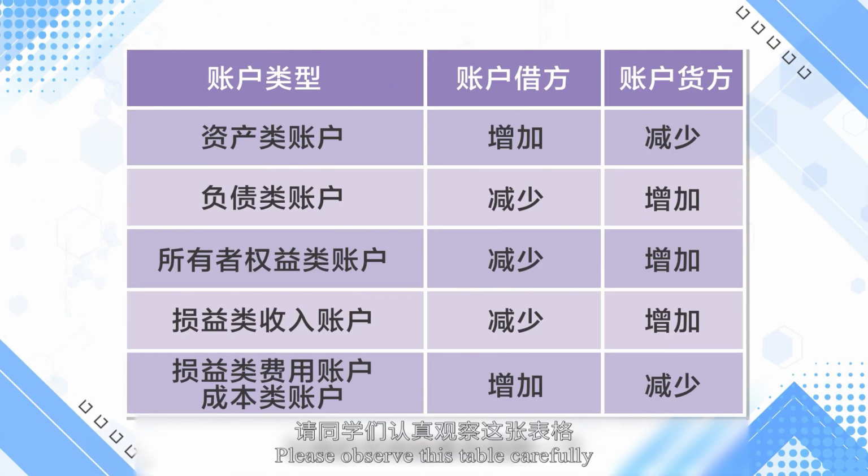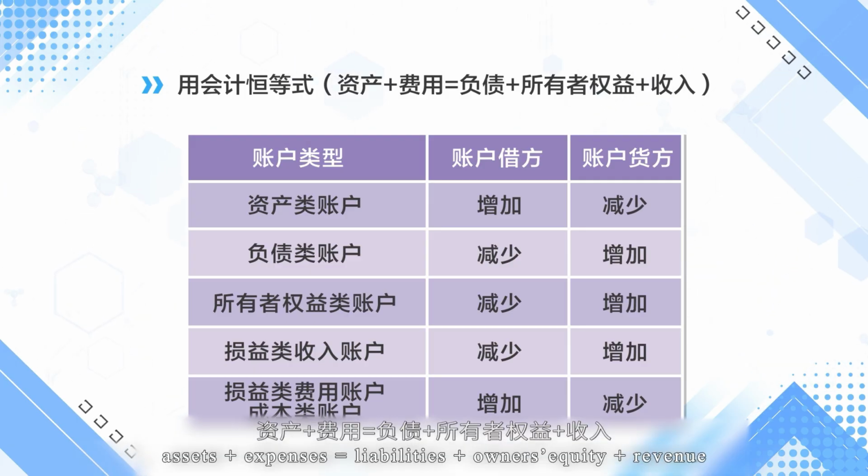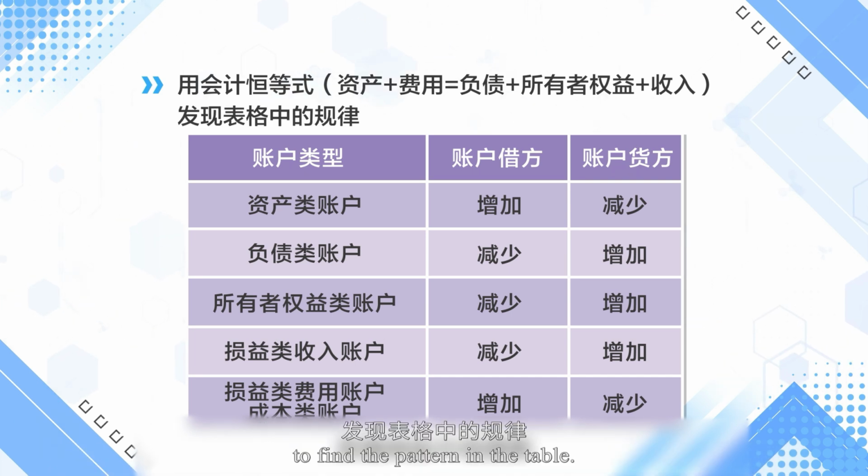Please observe this table carefully and try to use the accounting equation we learned before, assets plus expenses equals liabilities plus owner's equity plus revenue, to find the pattern in the table.